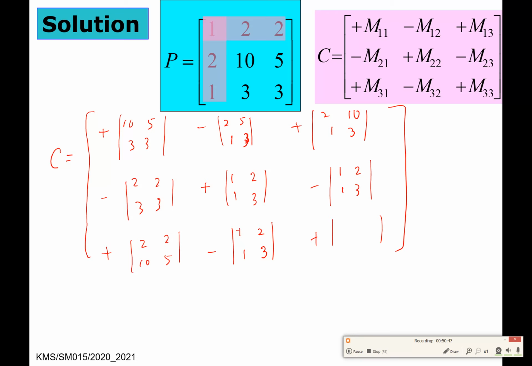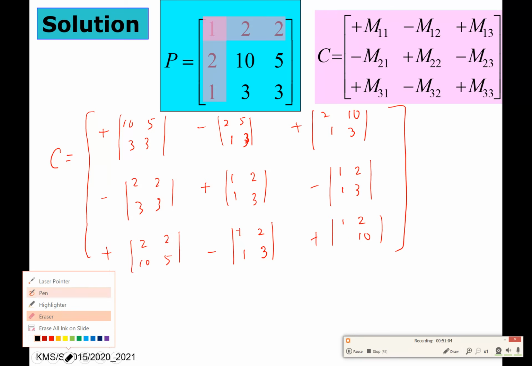And the last part is 1, 2, 2, 10. Please check. Sometimes I also make a mistake with this.